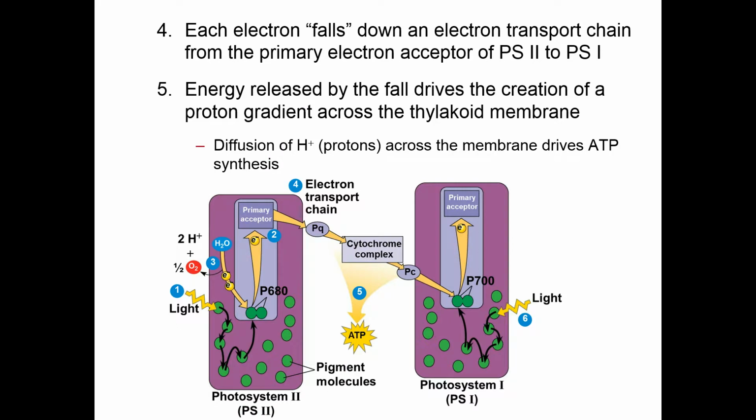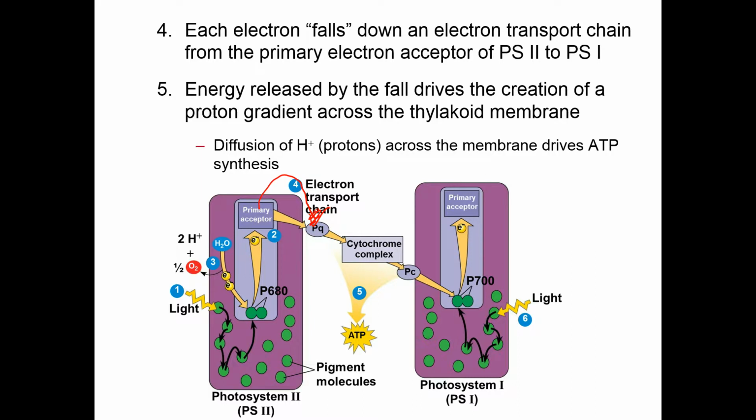So in the membrane of the thylakoid, you have a series of membrane proteins, as well as a cytochrome complex. These electrons get transferred from your primary electron acceptor, your excited pigment molecule, to a membrane protein.